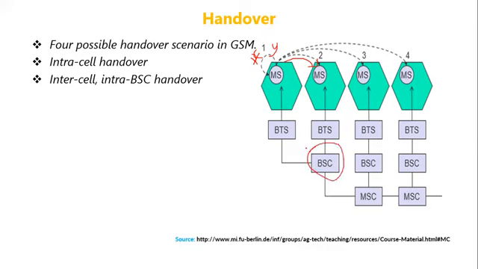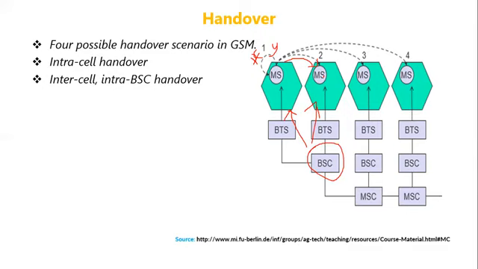This BSC controls both the cells, this cell and this cell. So the mobile station is moving from this cell to this cell, but it is in the control of the same BSC. So the BSC then performs the handover. Here the handover is done by the BSC, and it assigns a new channel in the new cell and releases the old one.